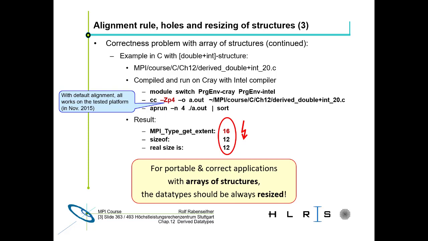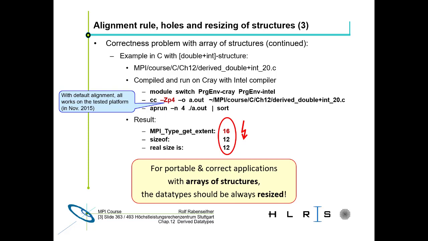So the correctness problem, here is an example with C. Basically we have a double and int structure. If you compile that, you would see that MPI type extent is not the same as sizeof and the real size.